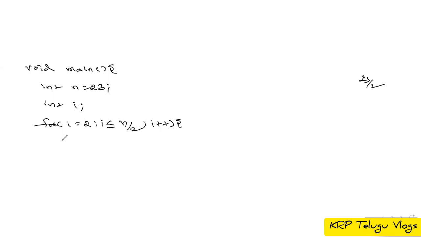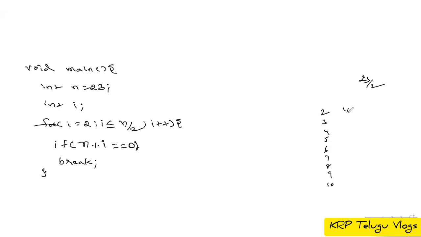Now if in any case n mod i double equal to 0, anywhere it is divisible, then what will you do? If it is divisible anywhere, you will break the loop. Clear? Yes, sir. Otherwise, you will continue. So here with 2 it is not divisible, 3 not divisible, 4 not divisible, 5, 6, 7, 8, 9, 10, 11 not divisible.